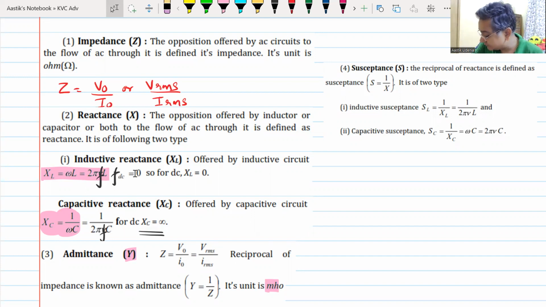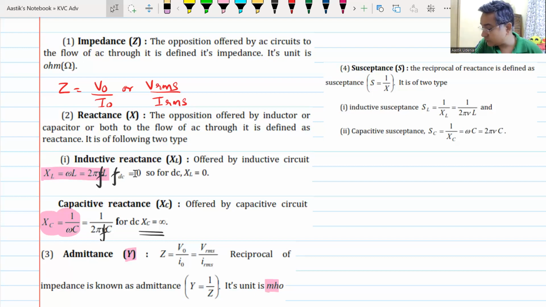Therefore, we have this leading and lagging concept. To understand this phase difference in a better way, we are going to draw the phasor diagrams. Now, what are these phasor diagrams? Depending on their angle, we are going to draw them as vectors.